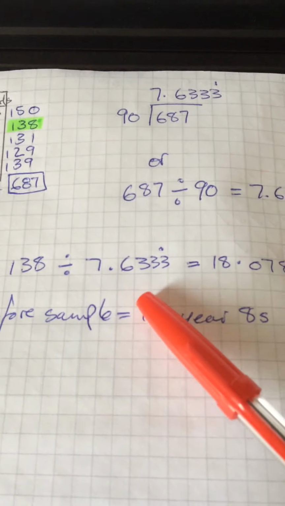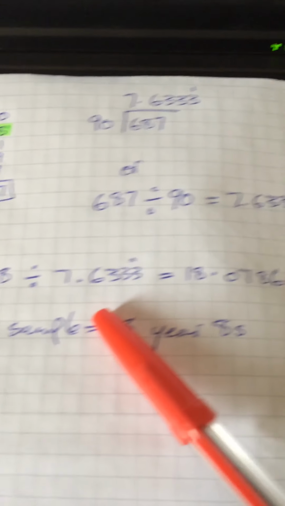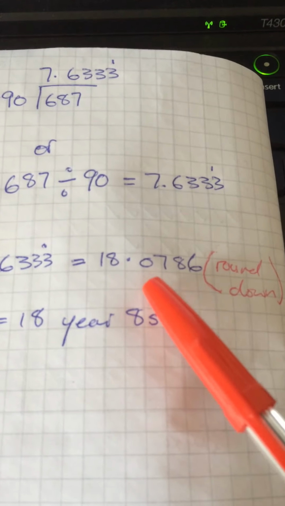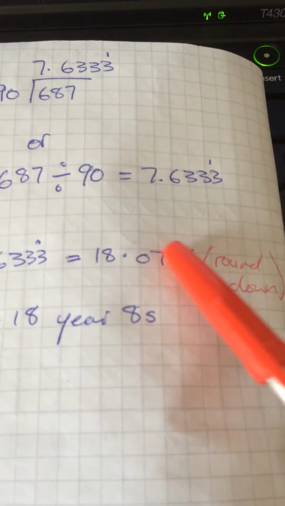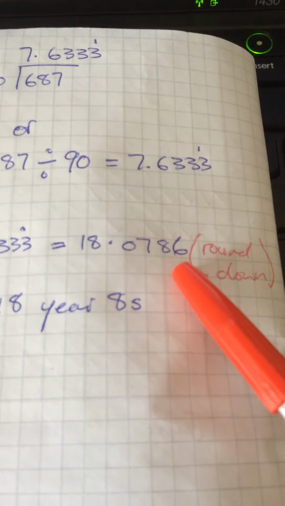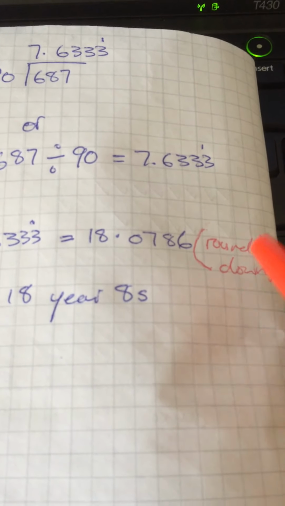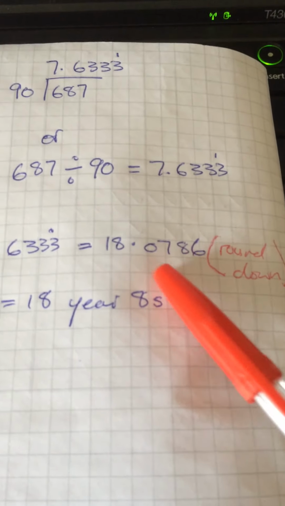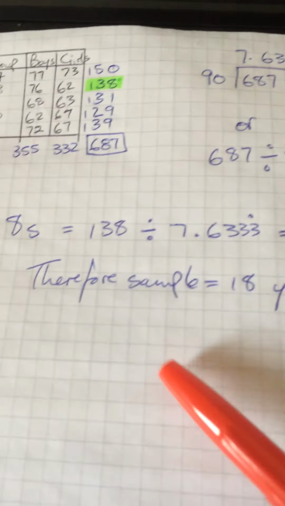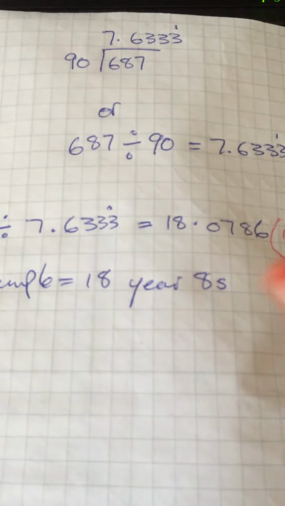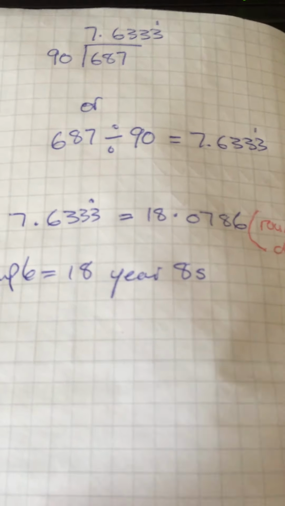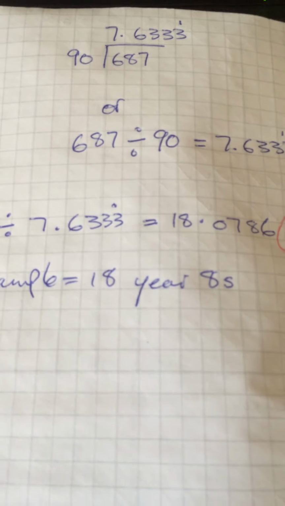And if I divide that, which you can also do on a normal calculator, you'll get 18.0786. We can't have 0.086 of a child, so we're going to round down. The Department of Education doesn't allow us to cut children up into fractions. So therefore my sample will be only 18 year 8s. Okay, I hope that makes it a little bit clearer for those who are not using a scientific calculator.